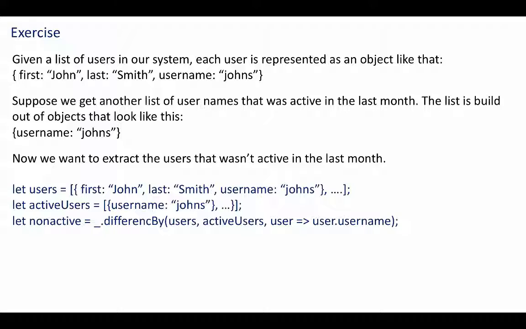And then we compare it to the username in the active users. So we actually get to activate the difference function, but with a slightly different variation. So we still can differentiate between two lists, even though the values in those two lists have different formats.